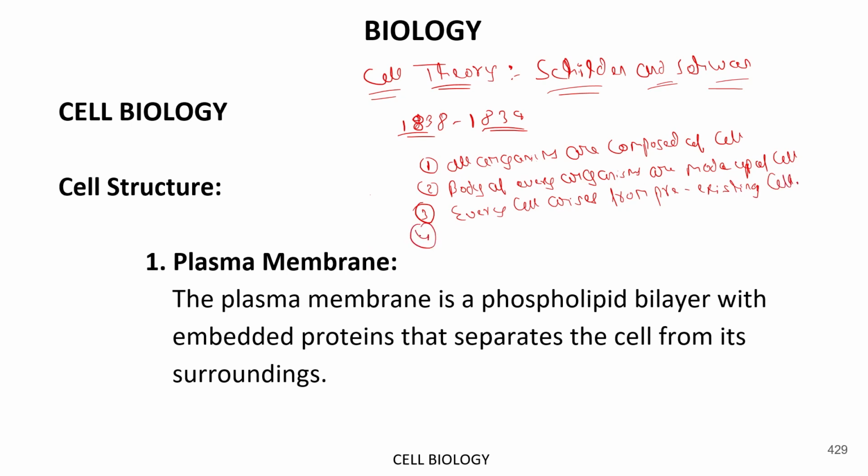And the fourth was every organism starts its life from a single cell. Got it? So these were the cell theory points given by Schleiden and Schwann. So they said every organism is composed of cells. Second point was the body of every organism is made up of cells. Third point was every cell comes out from a pre-existing cell.